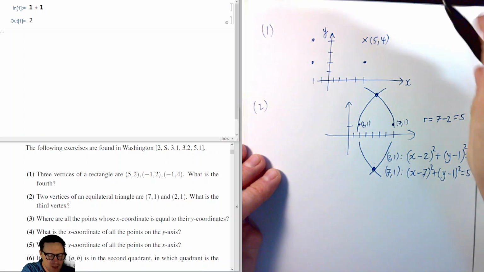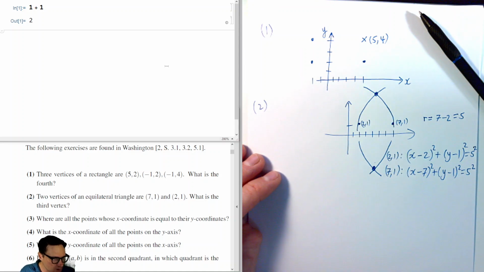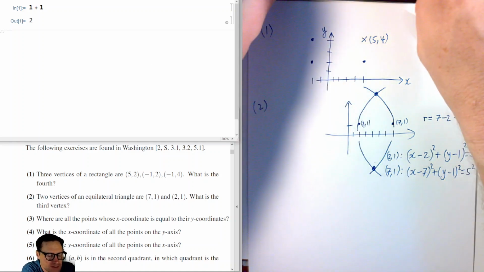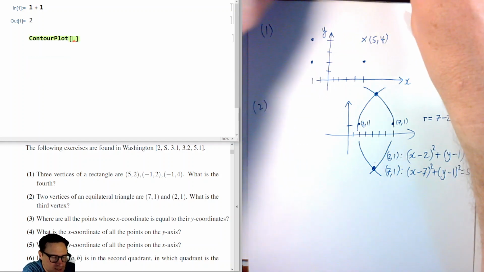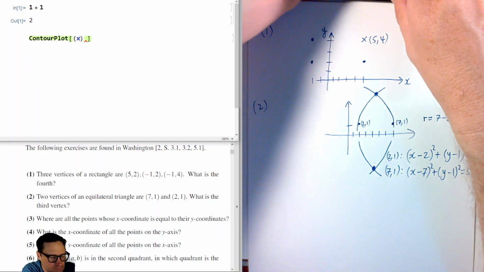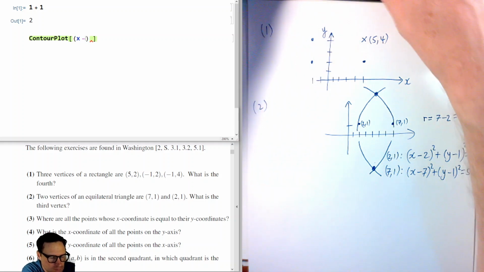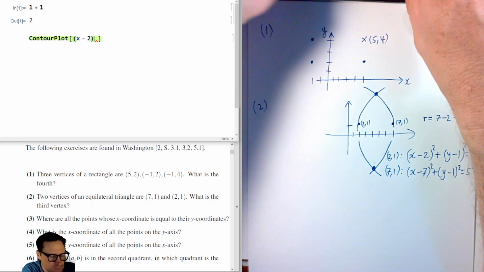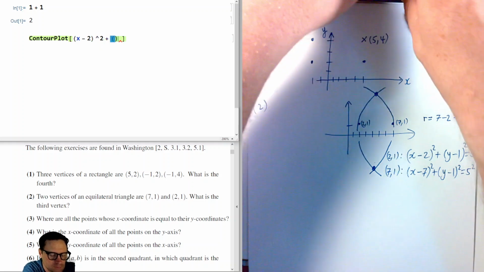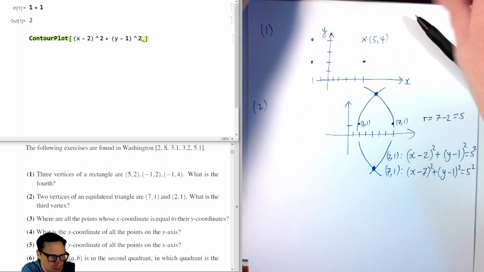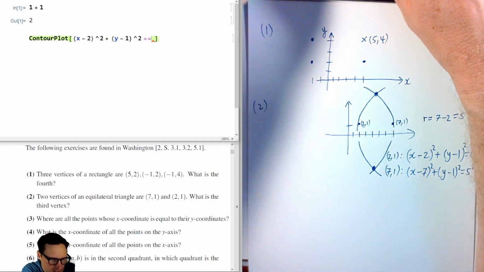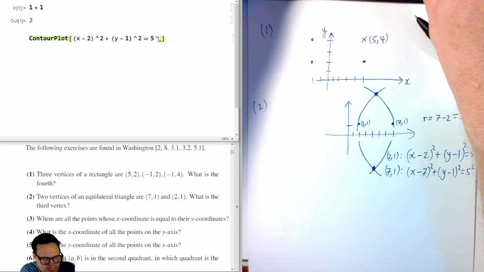But now let's get a Mathematica picture of this as well while we're at it. And so I'll write ContourPlot. And then I can just put in the equation. And when I do that with ContourPlot, I need to put equals 5 squared.